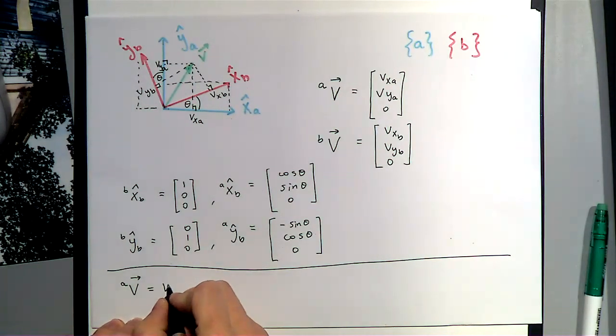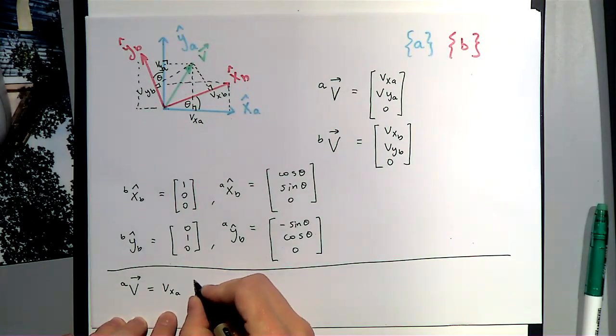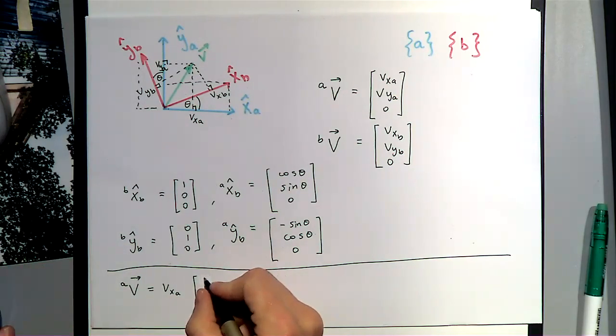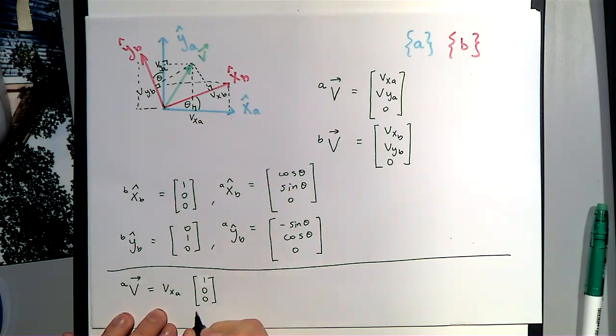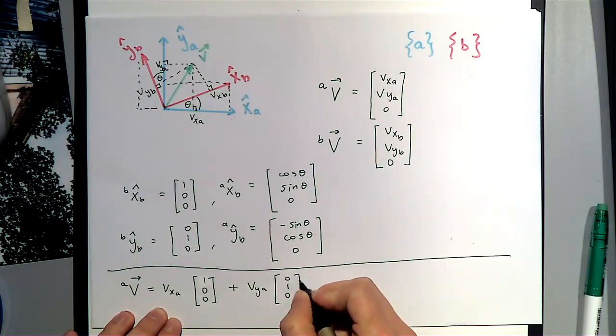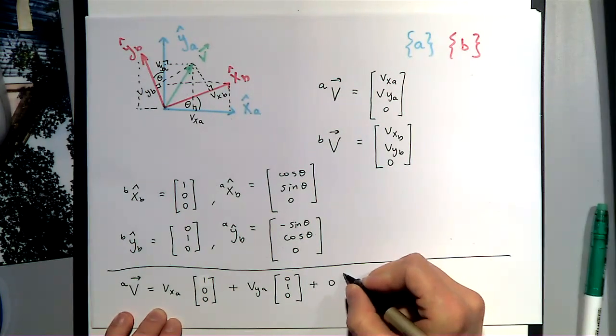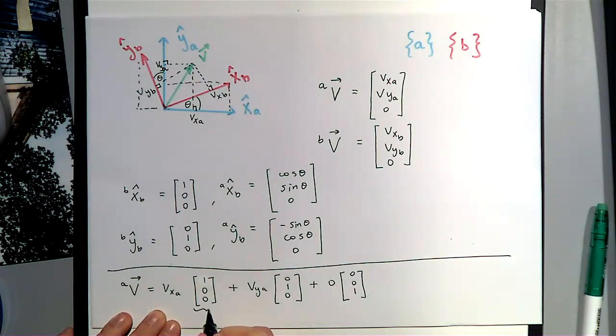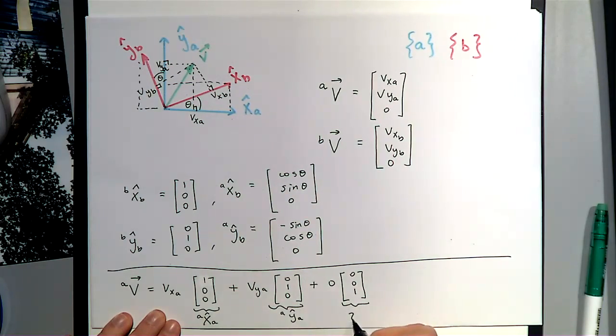So I can write it as Vxa times 1, 0, 0 plus Vya times 0, 1, 0 plus 0 times 0, 0, 1, right? Where this is XA, YA, and ZA all represented in frame A, right?